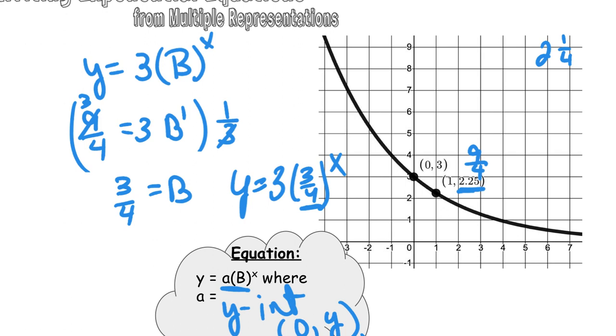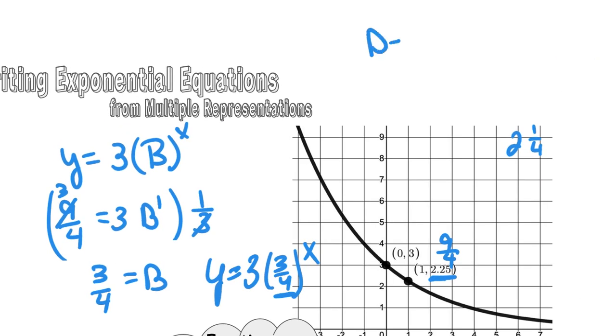If I have a pizza and I take away 3/4 of it, so it's decay. Anything between 0 and 1, you're going to be taking away fractions of it. You're only going to be keeping fractions of it. Anything greater than 1 is growth. So if this is decay, does that match the graph? Yeah, because the y values are decreasing. We okay with that?